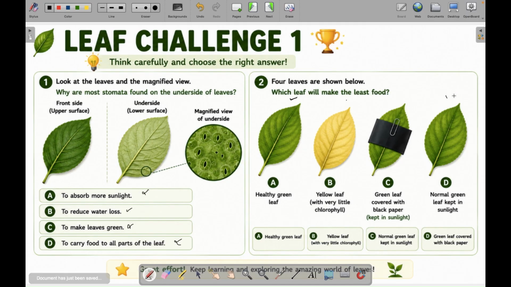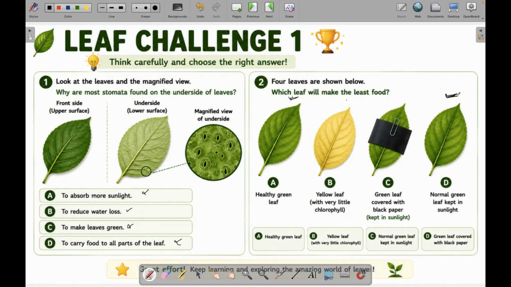So this will prepare the most amount of food because it is a normal, healthy green leaf and it is kept in sunlight. We are not told whether the other one has sunlight or not, so we'll assume it has sunlight. But it will make relatively less because the other one is completely exposed. This can be inside the room, so it will get a little sunlight.